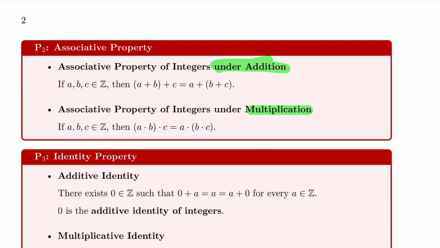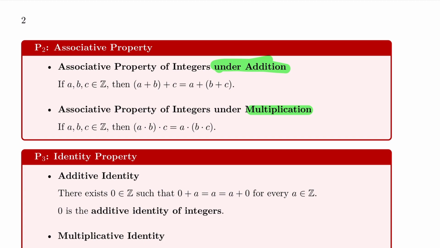If you have three integers and you want to multiply all of them, you might multiply the first two integers and multiply the last one, or you might multiply the last two integers and multiply the first one. Okay? Meaning that you can switch the grouping of two integers to add or to multiply.